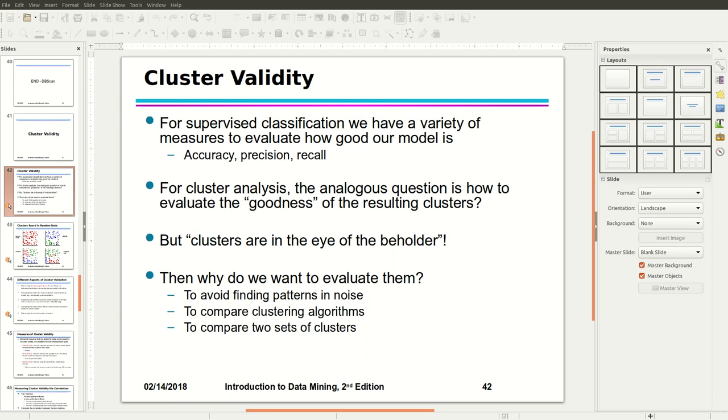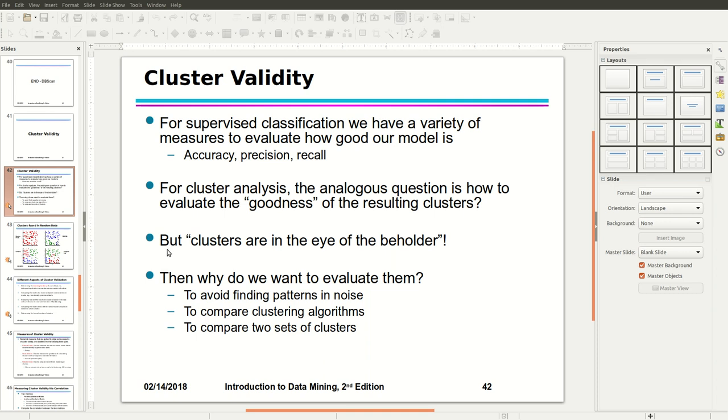So cluster validity is also an important topic after the clustering, just to make sure that we have a good enough cluster result. If you look at random data and force it into k-means, for instance, you can still find clusters within this data. In this example, we have 3 clusters.